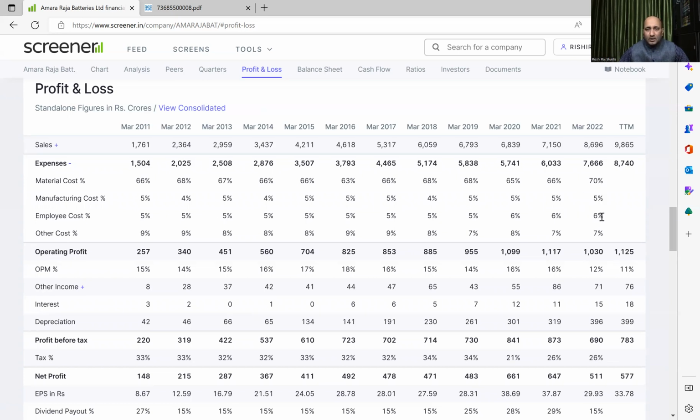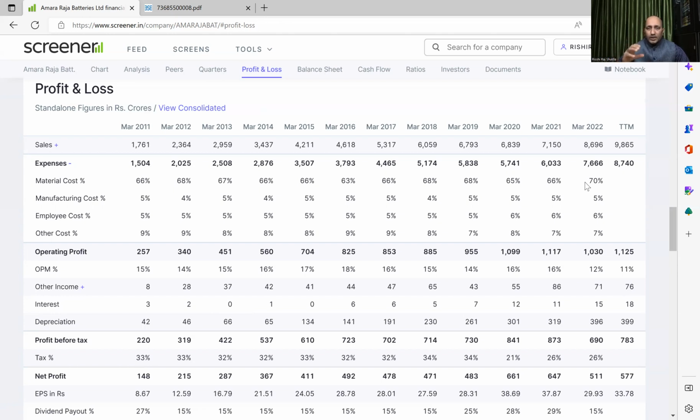Employee cost again 6%. Other cost earlier 9%, then 8, again 9, 7, 7, 7. So other cost is under control or reduced. Of course, employee cost for the last 3 years is 1% more, maybe due to COVID. Some extra precautions they may have taken, so this increased. But material cost, sorry, not manufacturing, material cost is 4% more.